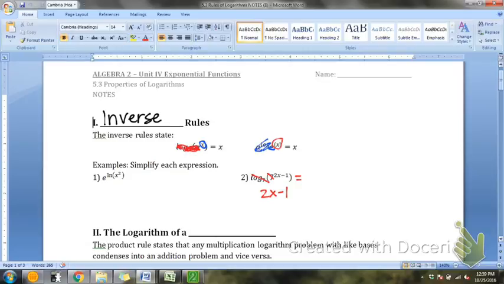Now, number 1 is something that we haven't talked about yet. We have this thing, and if you look on your calculator, you'll see it says ln. I believe it is underneath the log button. You see ln? Ln really means natural log. That's what ln means.